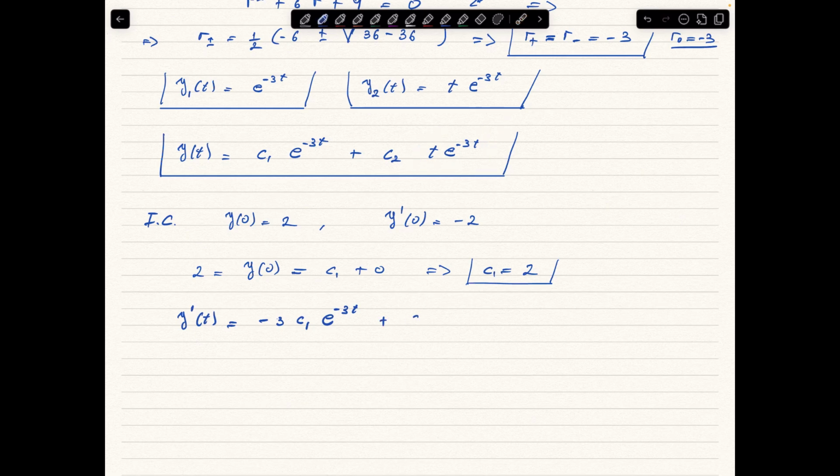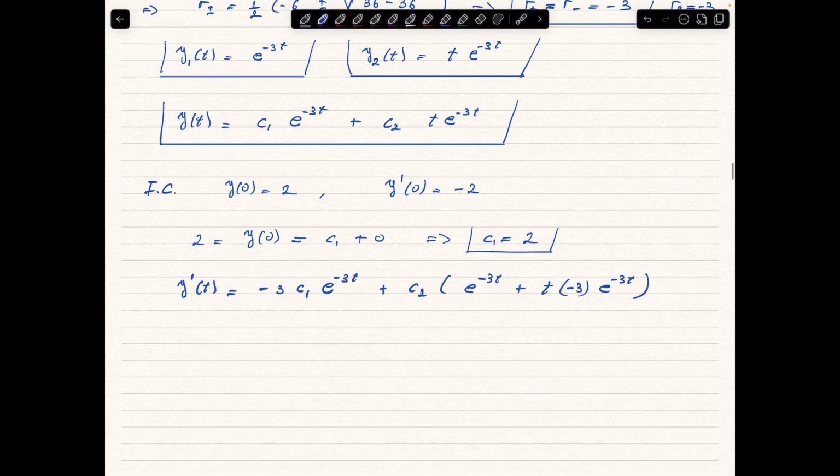So here we are going to have c2. When we differentiate t, we get only the exponential. And when we differentiate the exponential, we keep the t, and we have a -3 e^(-3t). All right, no need to simplify, that is enough.